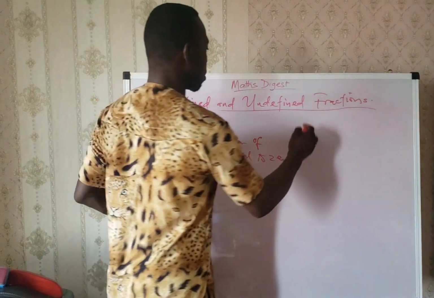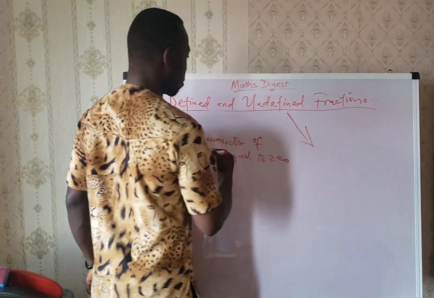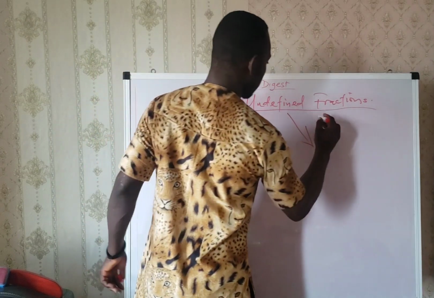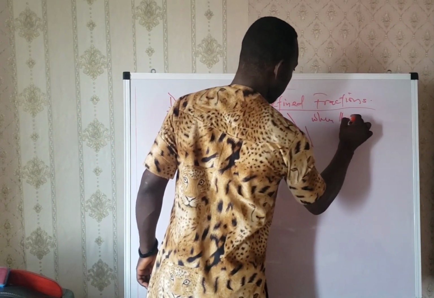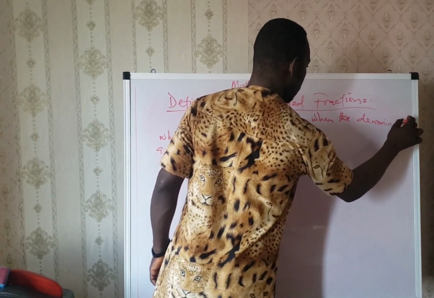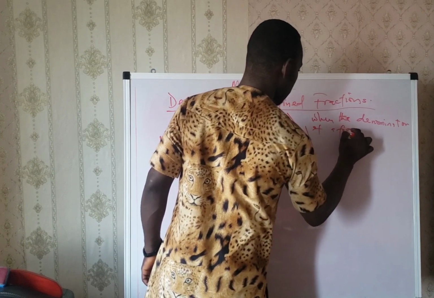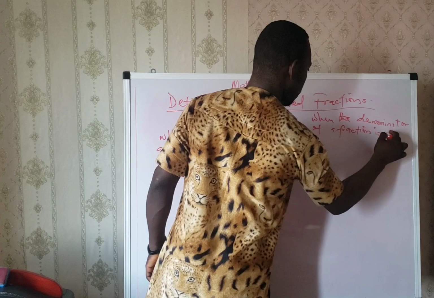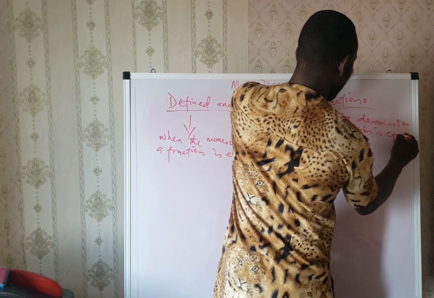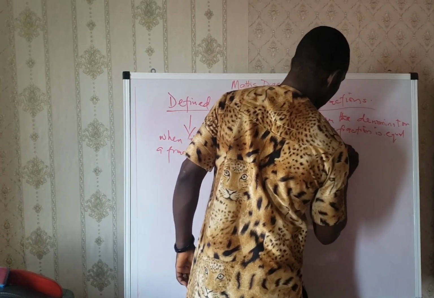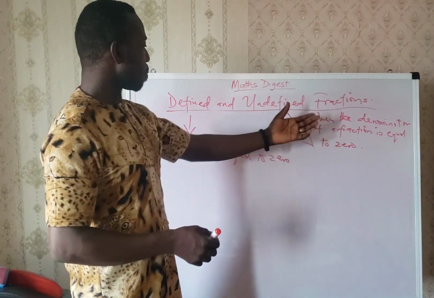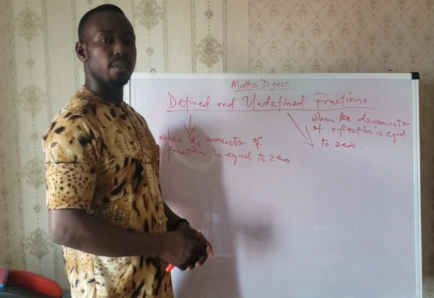Then when the denominator of a fraction is equal to 0, you say that that fraction is undefined. So these are what we mean by defined and undefined fractions.